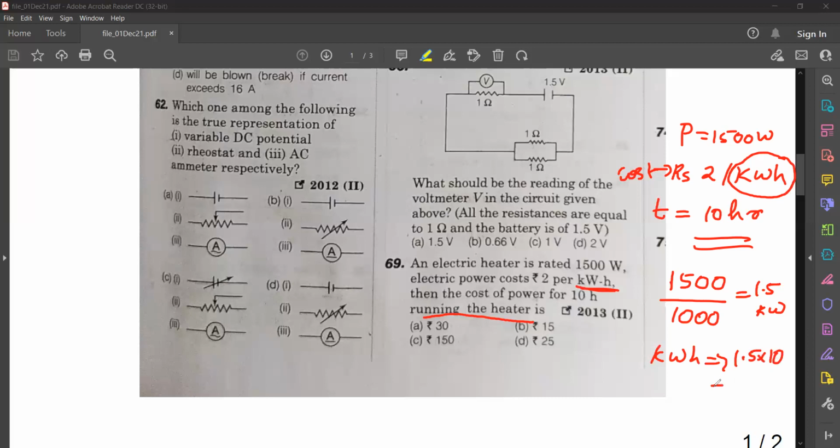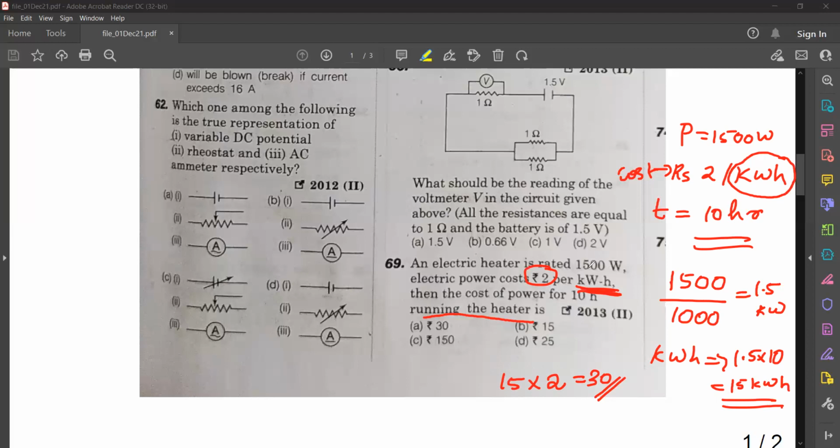Hour is 10 hours, so it is 15 kilowatt hour. For each kilowatt hour, the cost is 2 rupees. So 15 into 2, that is 30 rupees.